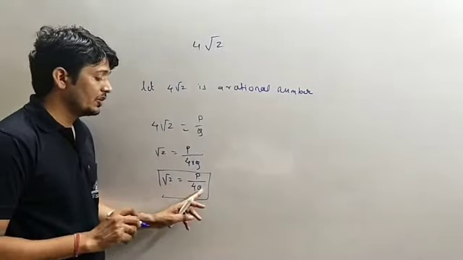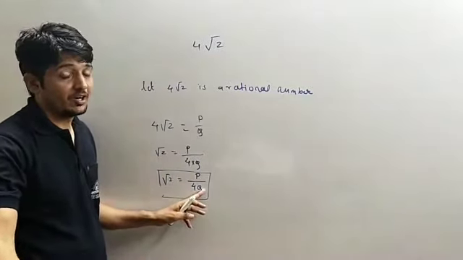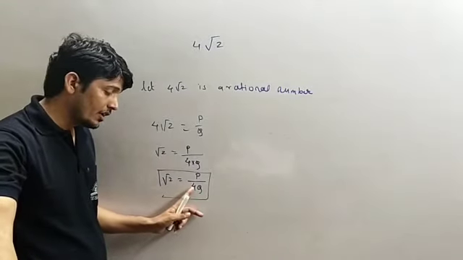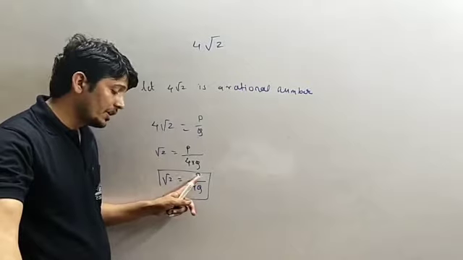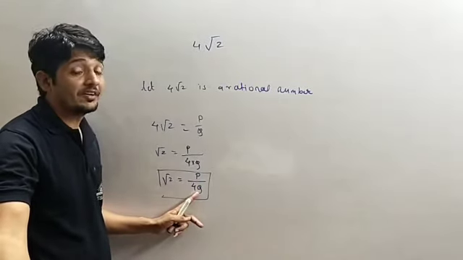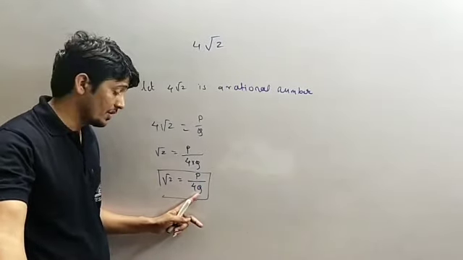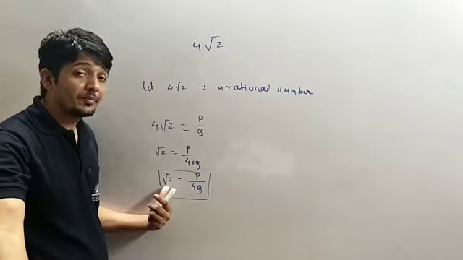Here p and q are real numbers and 4 is a multiplier. So p divided by 4q is a rational number, but root 2 is not a rational number.